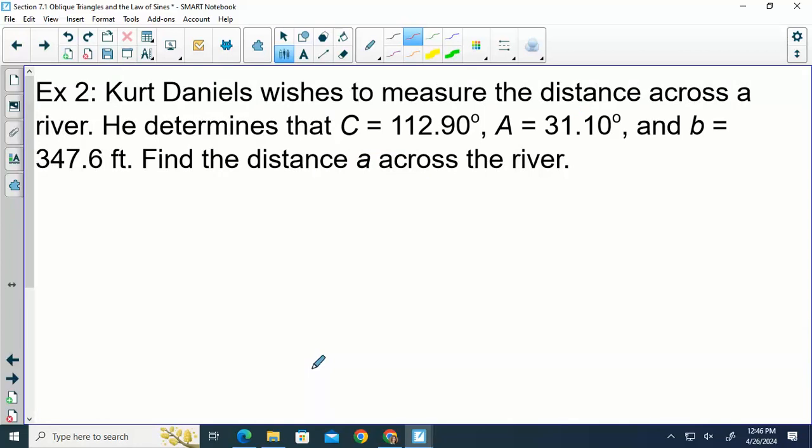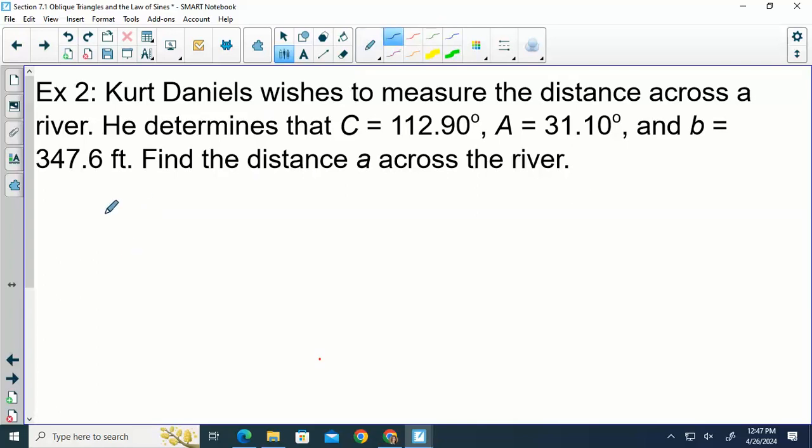All right, let's try this one. Kurt Daniels wishes to measure the distance across a river. He determines that angle C is 112.90 degrees, angle A is 31.10 degrees, and side B is 347.6 feet. Find the distance A across the river.